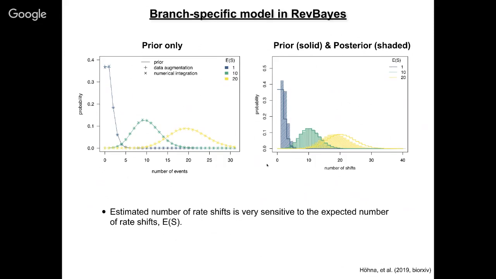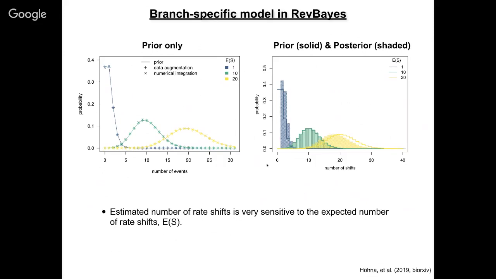On the right-hand side, we're seeing our prior distribution and the posterior distribution for the estimated number of rate shifts. And we're seeing that under these processes, the number of rate shifts is very biased by the prior that we're choosing. So for example, if we have a prior that is centered on one rate shift event, we're also estimating very few rate shift events.